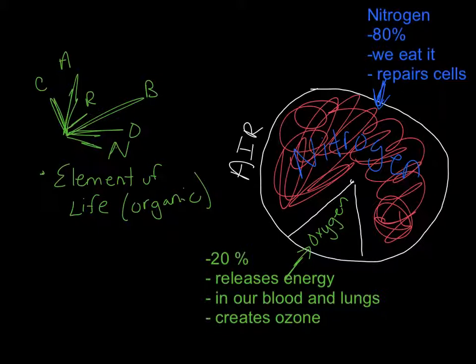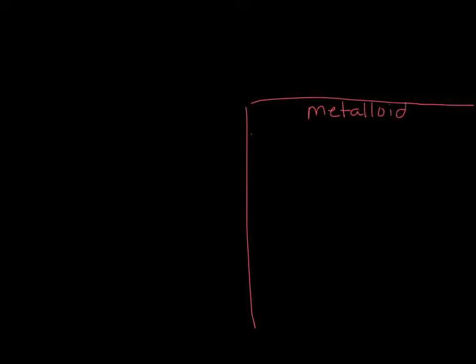Now on the bottom half of your page, we're going to leave a little space off to the side over here for our metalloids, which is not a nonmetal and it's not a metal. It's kind of a cross between the two of them. But I want to finish talking about our nonmetals.